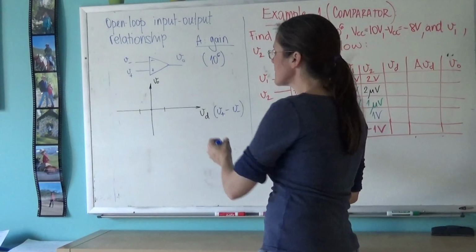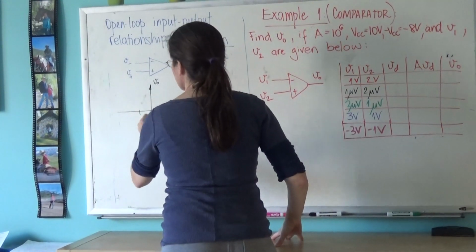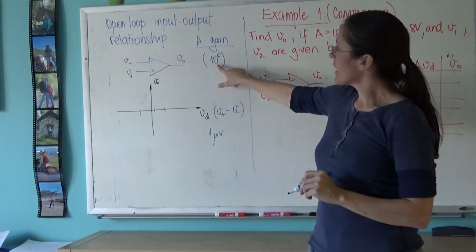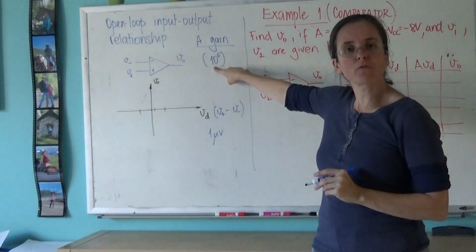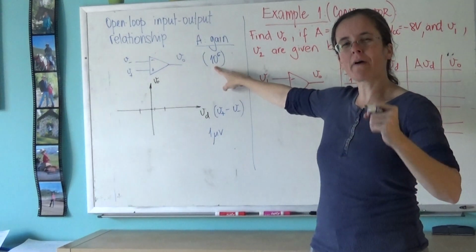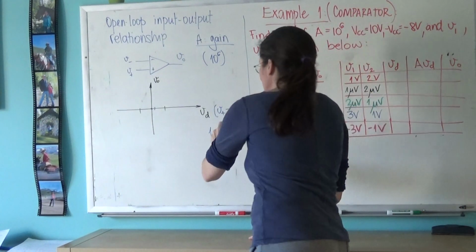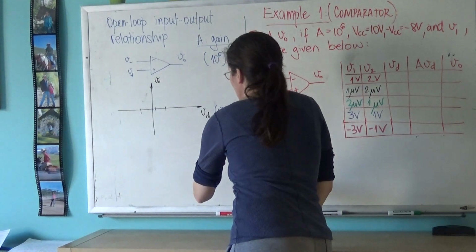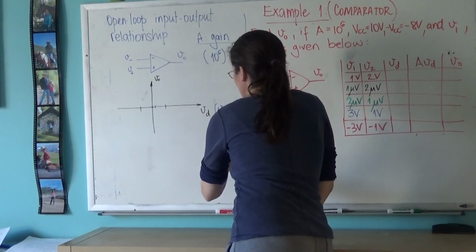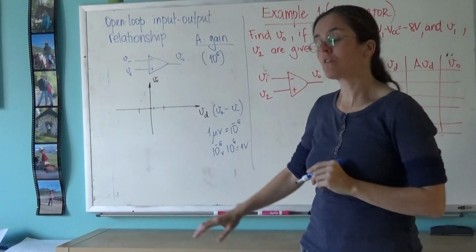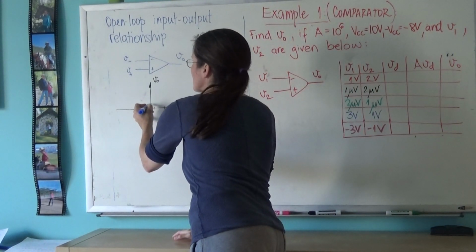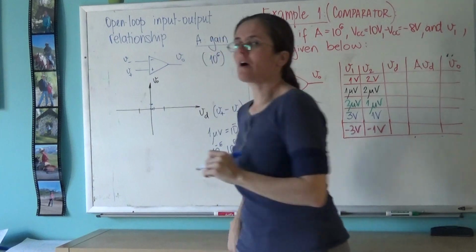As soon as this difference is a little bit, let's say 1 microvolt, my op-amp multiplies that 1 microvolt by 1,000,000. So 1 microvolt, which is 10 to the minus 6, times 10 to the 6 gives me 1 volt output.